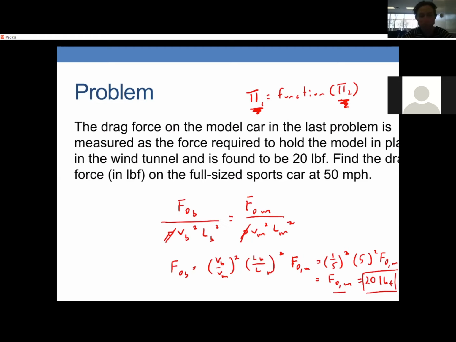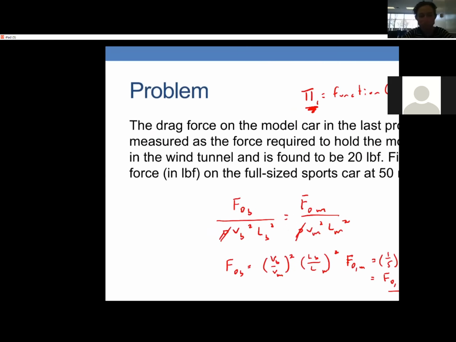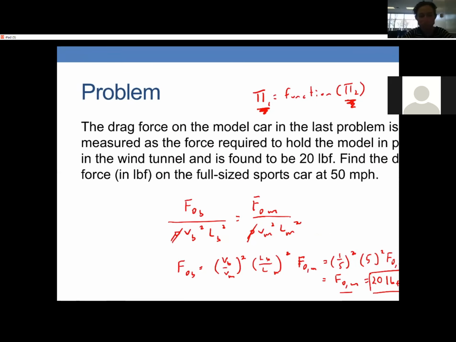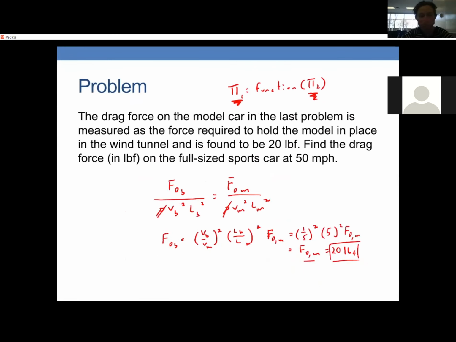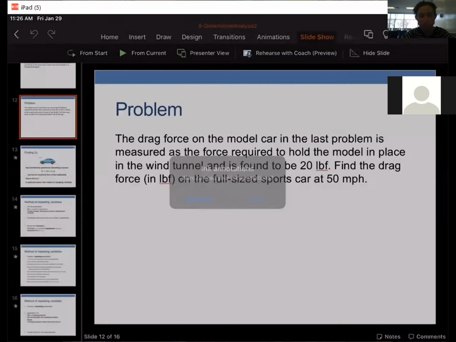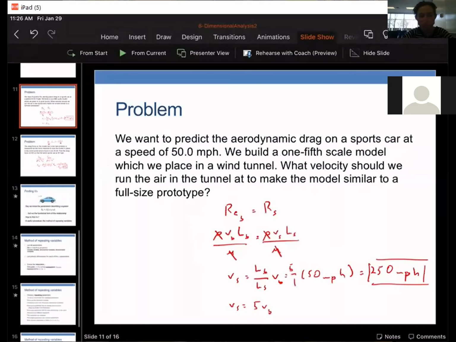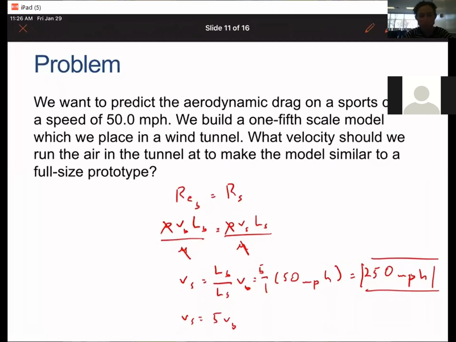I'm confused about the length and the velocities. On the last one, we determined that. Could you go back to the last slide? Yes, I can. Okay, here's the last one. We said it was a 1/5 scale model.